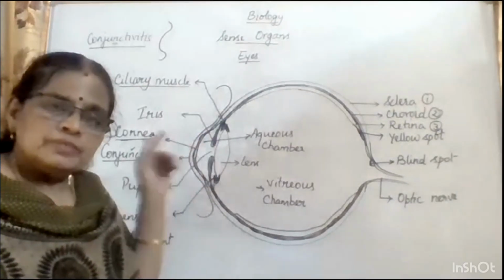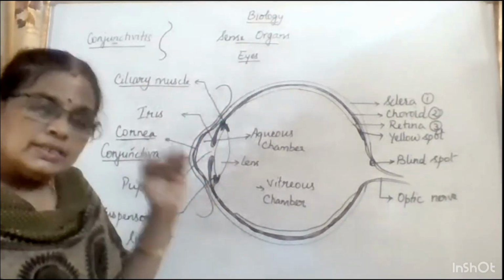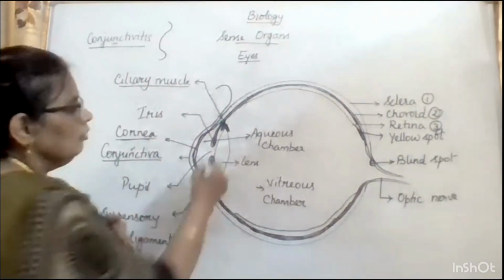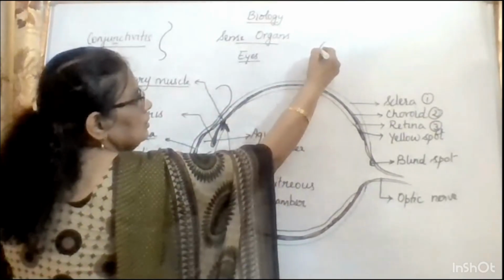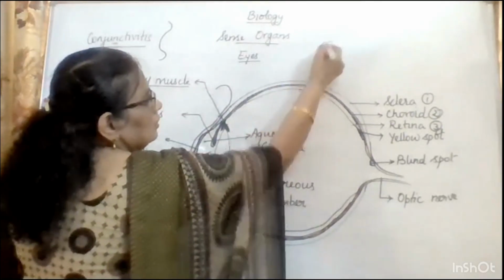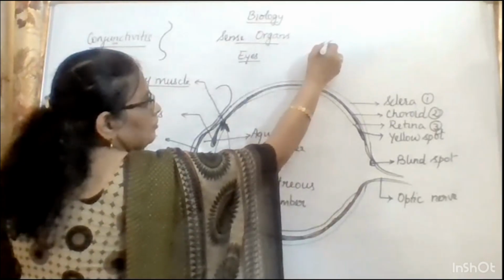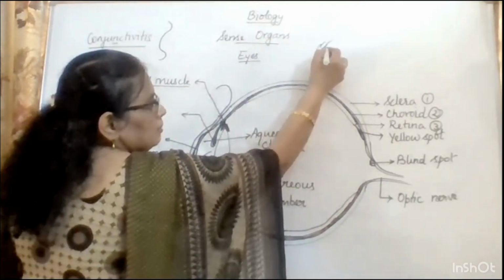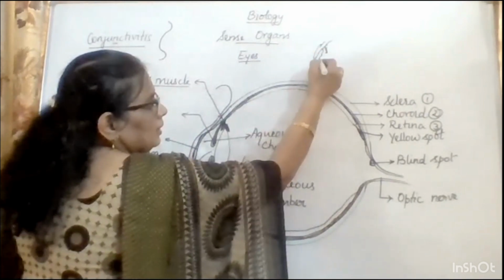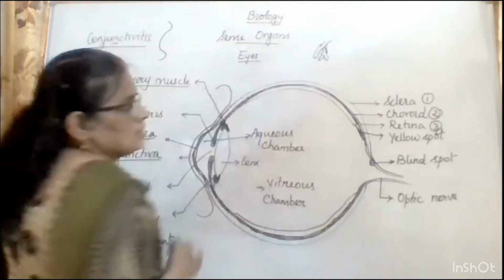What is the function of this ciliary muscle? This ciliary muscle in turn forms ligaments, so I'll draw here. If this is the ciliary muscle, coming from the choroid, it forms ligaments like this.